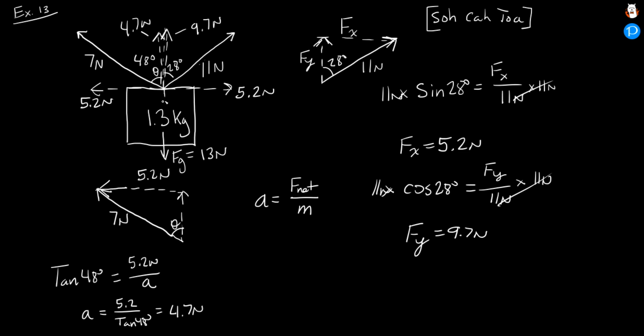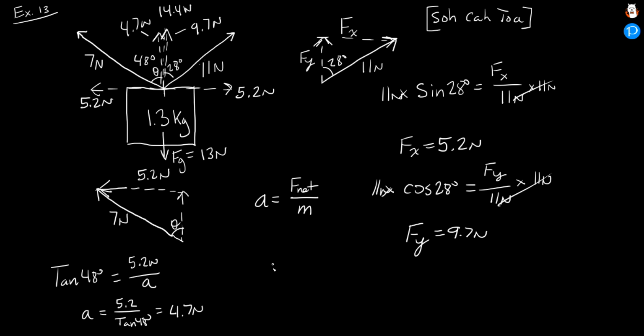Now the total amount of force pulling up on the box is these two things added together. 4.7 plus 9.7 gives me 14.4 newtons pulling up.